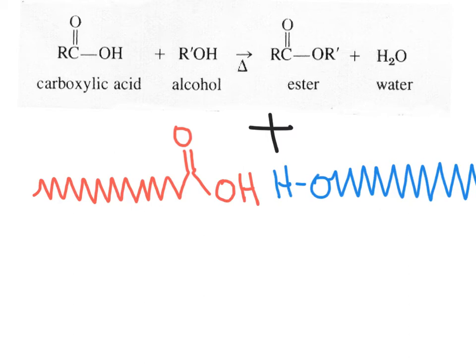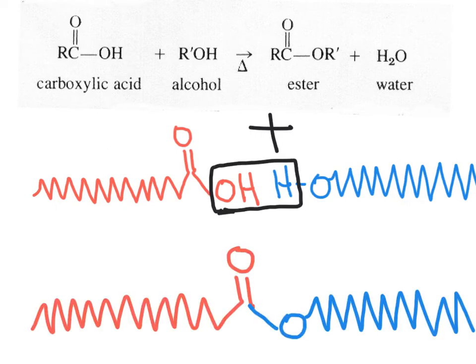If in this reaction we use a fatty acid, or let's say a very long hydrocarbon chain carboxylic acid, with a very long hydrocarbon chain alcohol, which must always be a primary alcohol, the product is called an ester. These esters are called waxes. They are esters of high molar mass fatty acids and high molar mass alcohols.